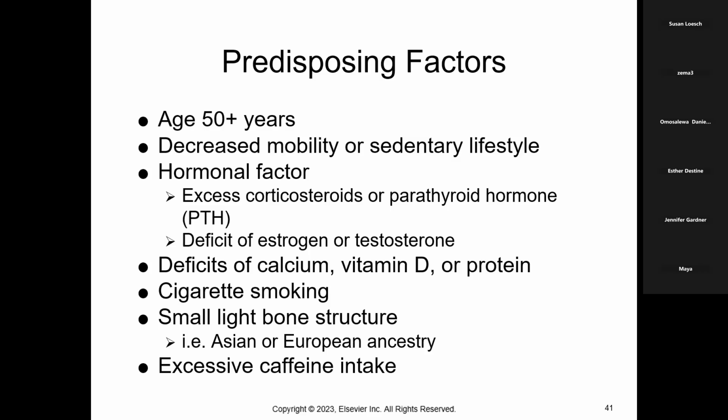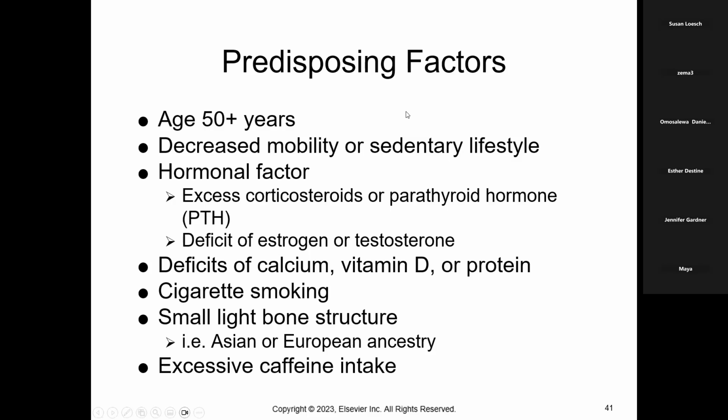Smoking cigarettes. Now, remember that question we just did? She had the sedentary lifestyle. She was 65. She smoked cigarettes. Too much caffeine. And usually we'll see this in Asian or very light bone structured women, but also white women, small stature.